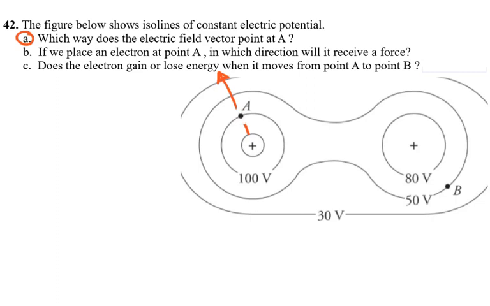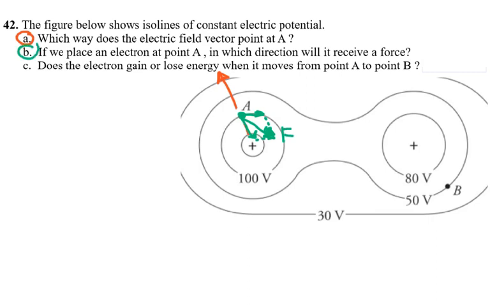So one force is going to be toward this positive charge, and one is going to be toward this positive charge. So there will be a resultant force. This one's probably shorter. We have to do a parallelogram, and there would be the resultant force acting on this electron.